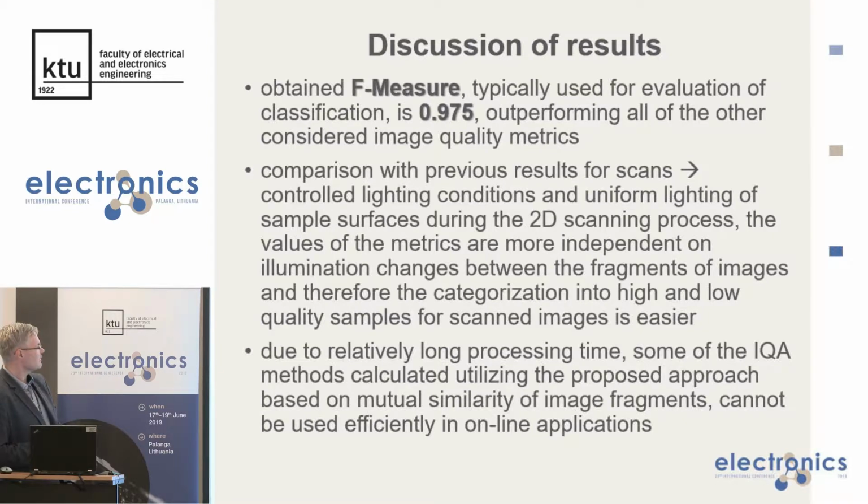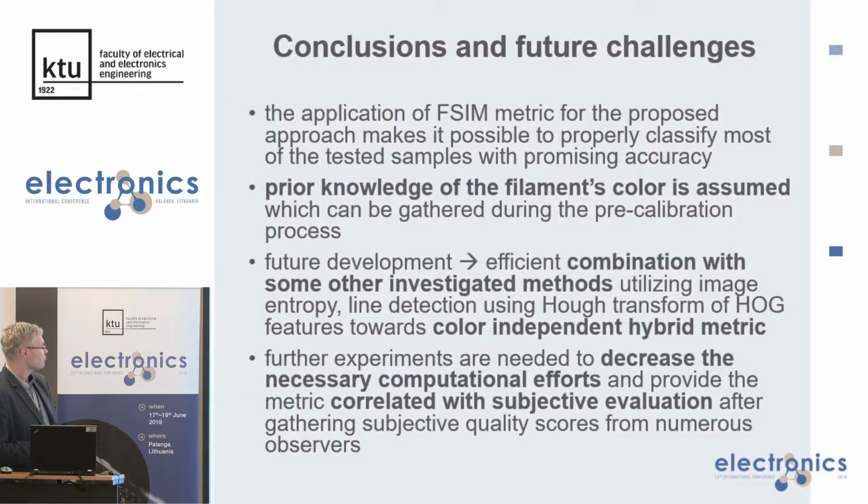F-measure is also quite high, and in future we would like to combine this approach with some other approaches. We have investigated some methods based on the Hough transform for line detection after binarization, histogram of oriented gradients, entropy, and some other methods.